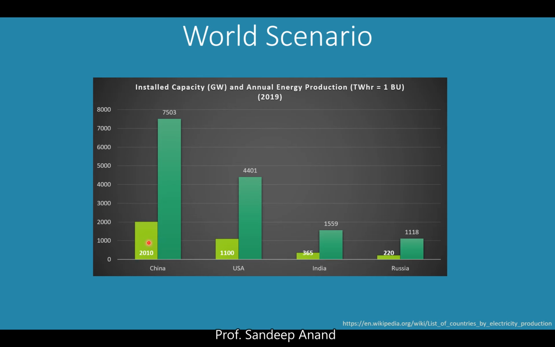So the first column is for the installed capacity. The second column is the electrical energy which is produced per annum, right? So the installed capacity, let's say, is about 2000 gigawatt for China. That does not mean that all the power plants are operating 24 by 7, right?